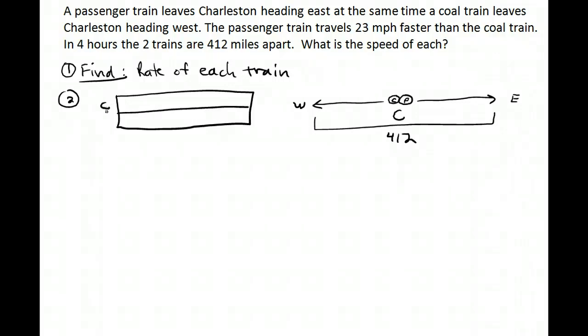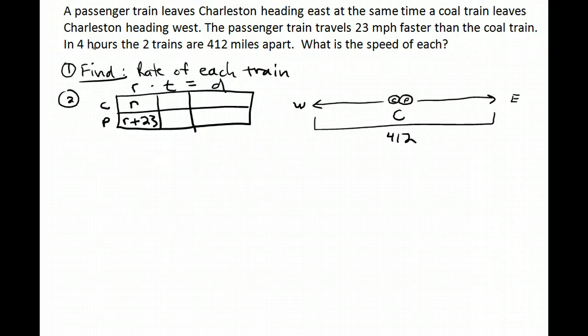I've got the coal train and the passenger train. And I've got rate times time equals distance. Now it says the passenger train travels 23 miles per hour faster than the coal train. So I don't know anything about the coal train, so I'll start with R. And I know that the passenger train is going 23 miles per hour faster, so that would be R plus 23.